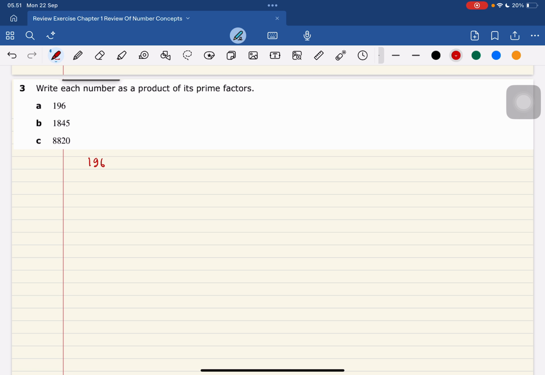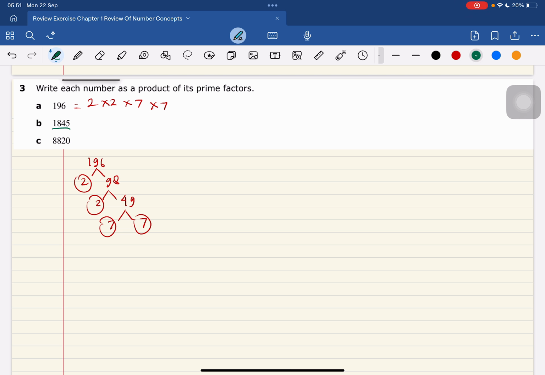So let's start with, we divide it by 2. It's going to be 98. 98 we divide by 2 again. It's going to be 49. 49 we divide by 2, not possible, okay, by 7. It's going to be 7. So this is for A. So this is 2 times 2 times 7 times 7.